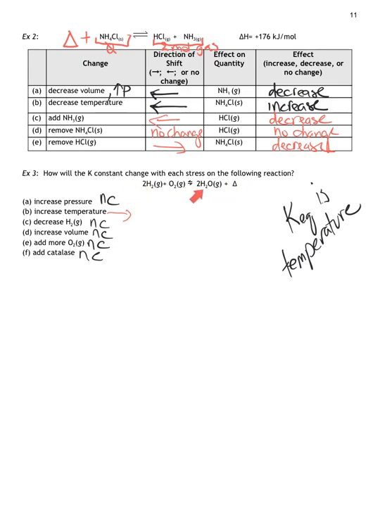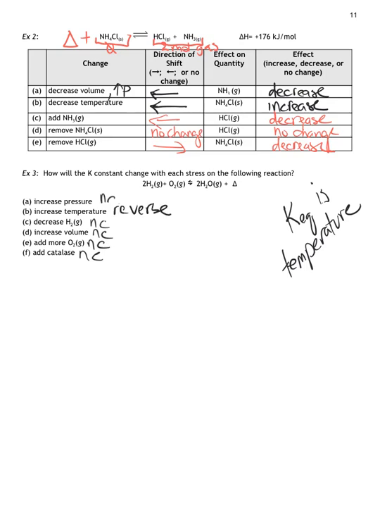So how K will change is, if you increase temperature, according to Le Chatelier's principle, you're going to try to absorb that heat. So it's going to reverse. I shouldn't put the arrow there because it actually looks like a certain direction of shift. So it's going to reverse itself.